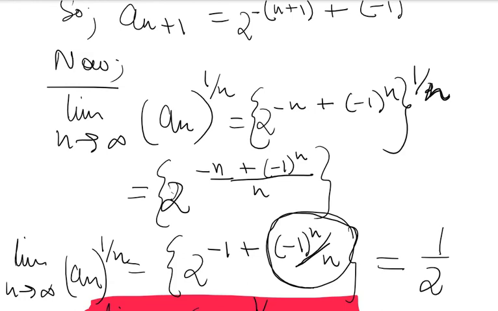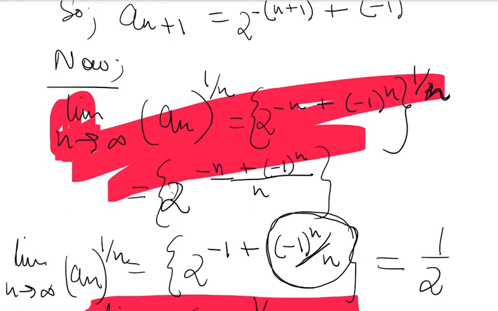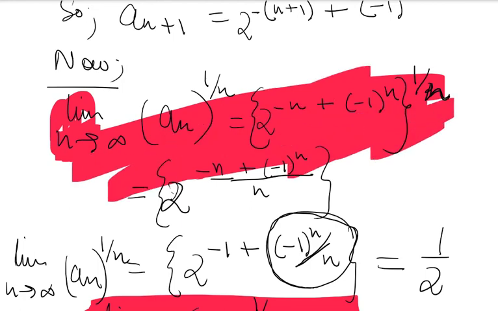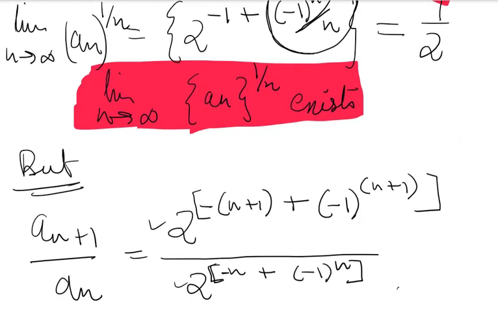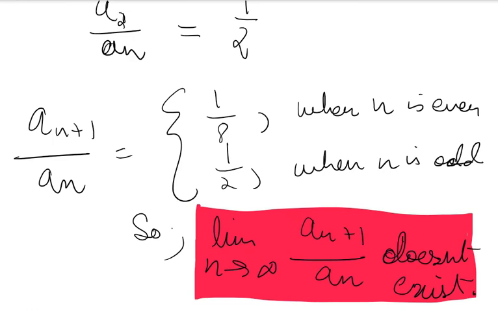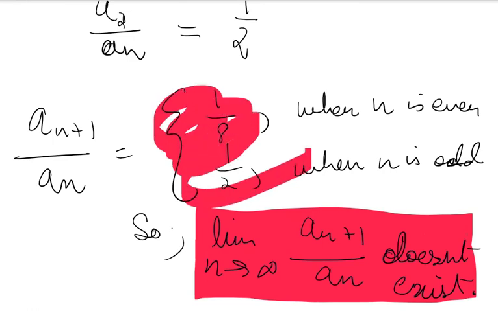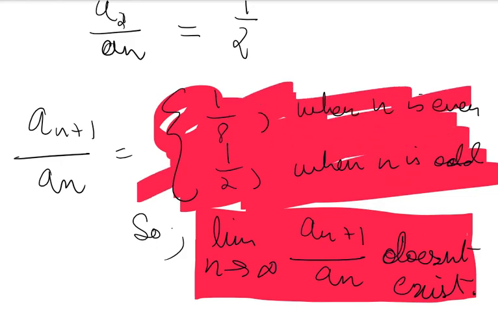Let me highlight it for you. This is the left hand side, it's becoming half. So it exists, but this does not exist because these are coming as different values.